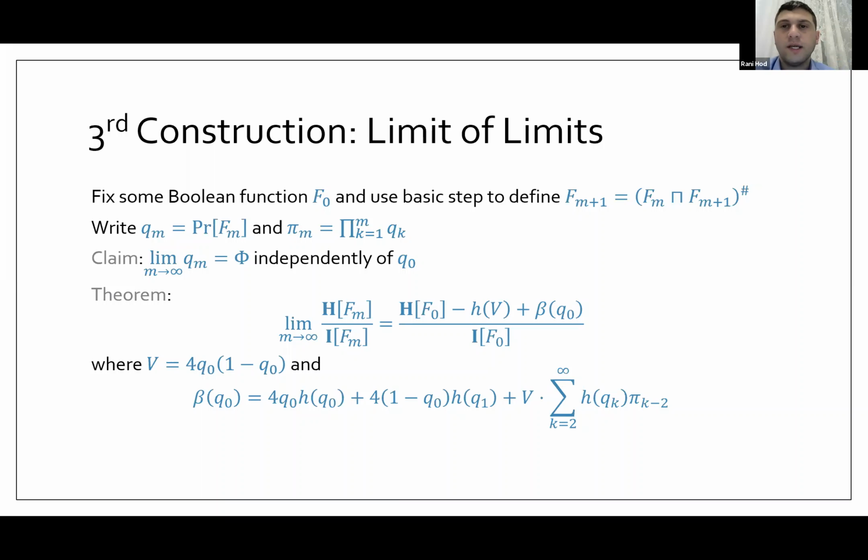But then we get another component, and this is somehow similar to the formula that we had in the biased recursive composition. We have a very weird function, this beta function, that only depends on q0. It does not depend on the specific f naught taken, only on q0.